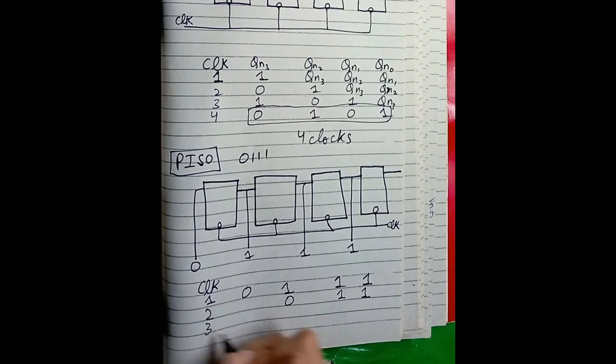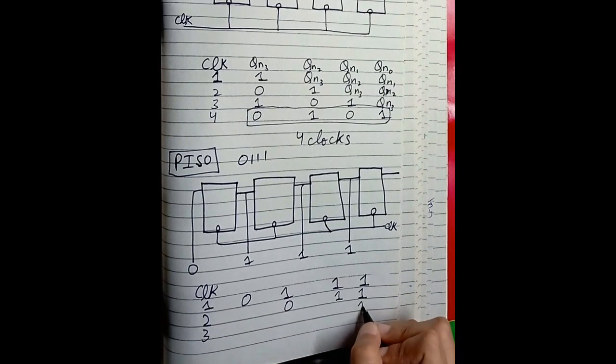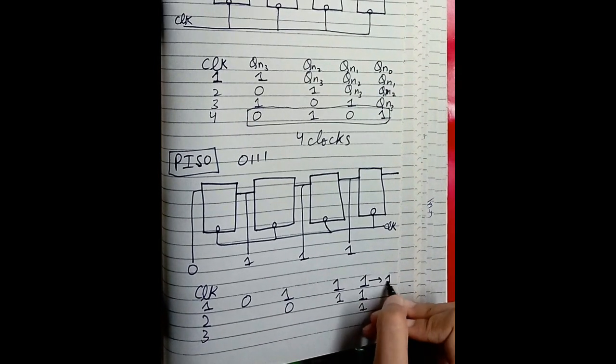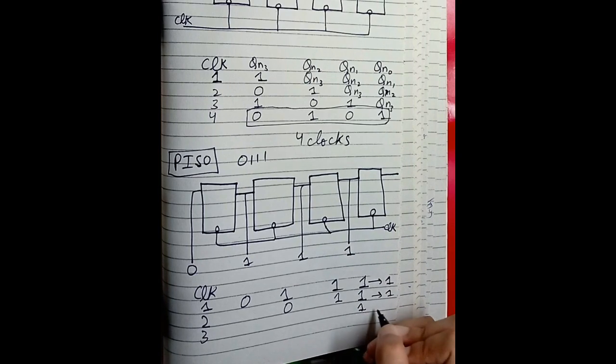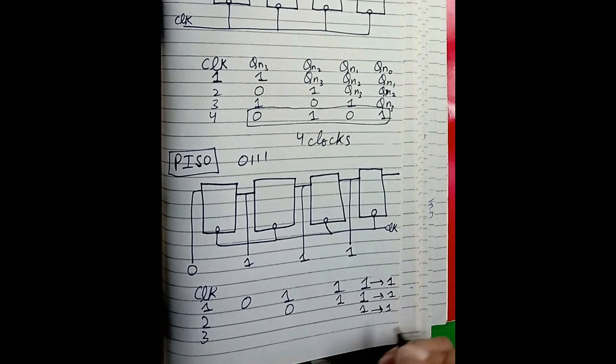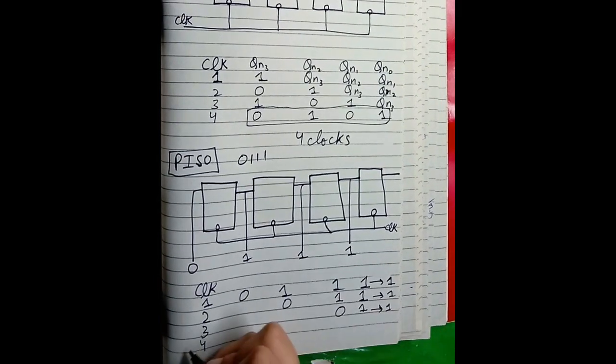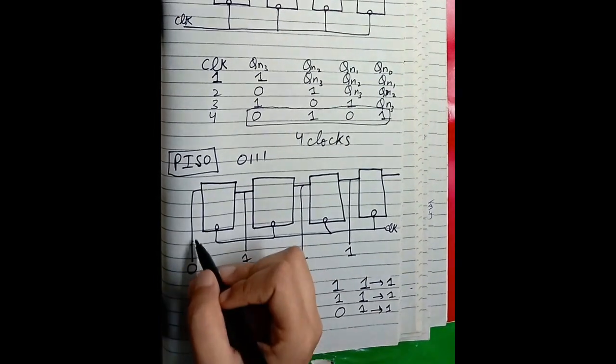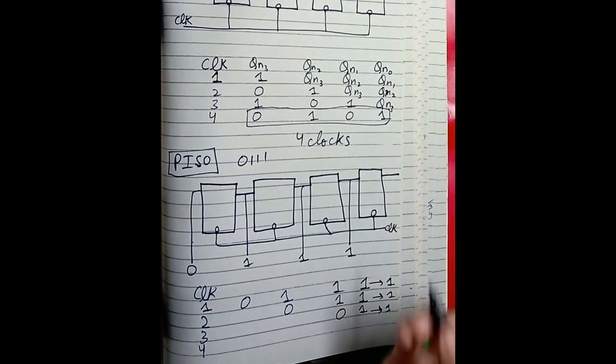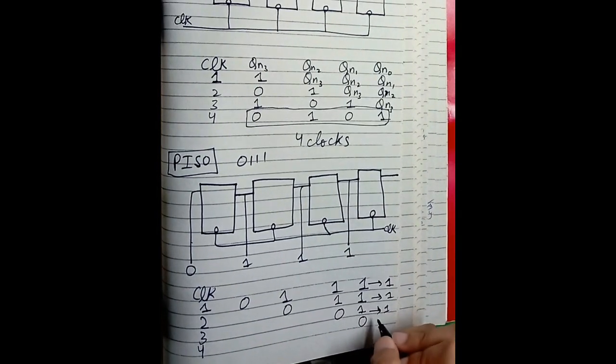On the clock 3, as we have this one output here, this one is output here, now this one is output here, and we are left with only 0, and when we give the 4th clock, this 0 will move to the final answer like this.